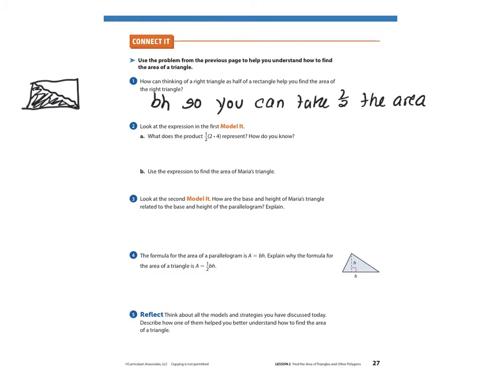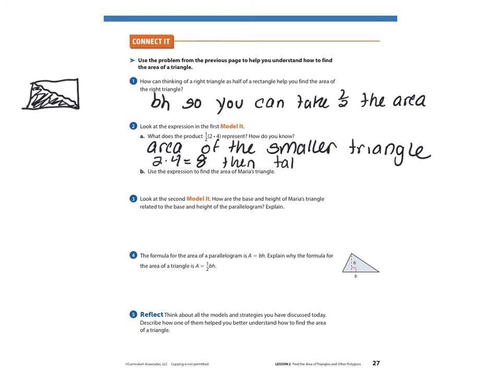So it's the area of the smaller triangle, and we know 2 times 4 is 8. That's the area of the rectangle. And then you take half, which gives me 4 centimeters squared.